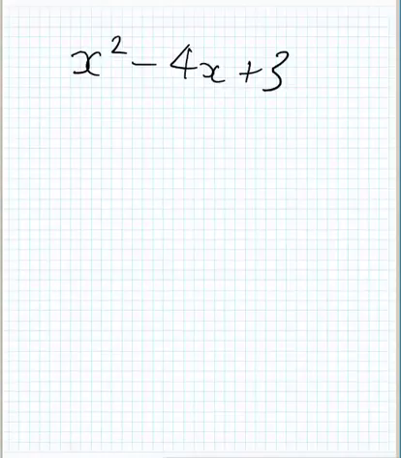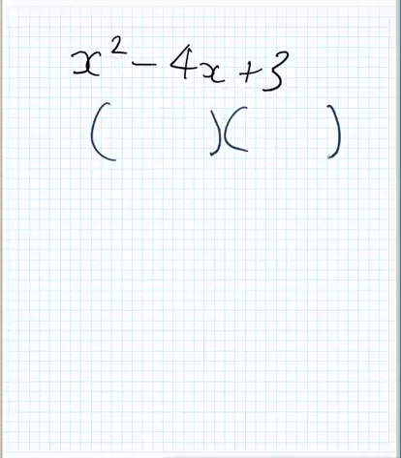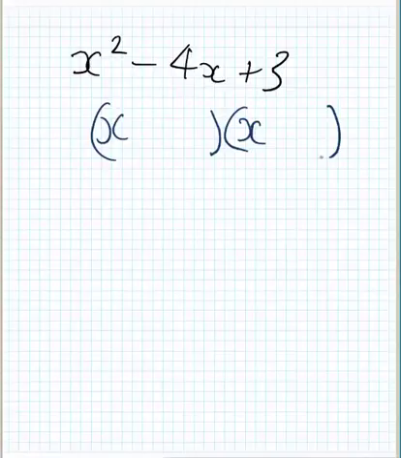Okay, with this trinomial, once again, we can always check there is no number in front of the x squared. So our first step will be to get our brackets ready. And we have our x here and our x there, because x times x is x squared. Now, I can't just put plus and plus because unfortunately we have a negative sitting here. Notice also we have here for this one a positive 3.